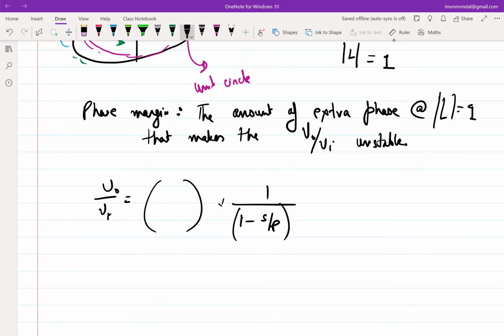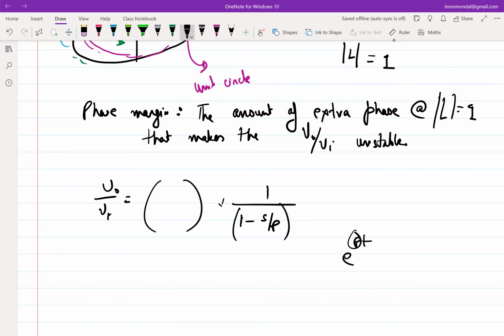It will be exponentially rising. What is the inverse Laplace of 1 by 1 minus S by P? E power pt, right?